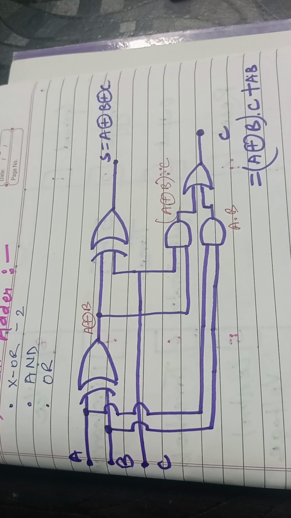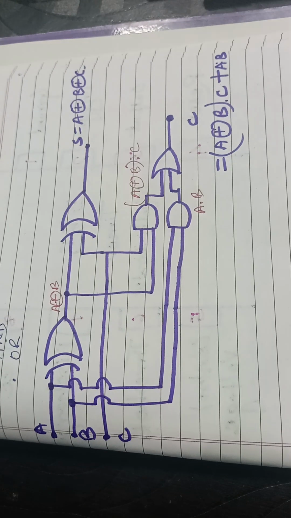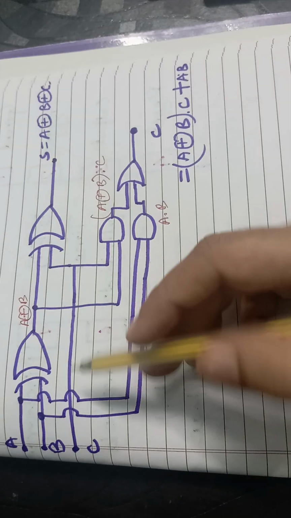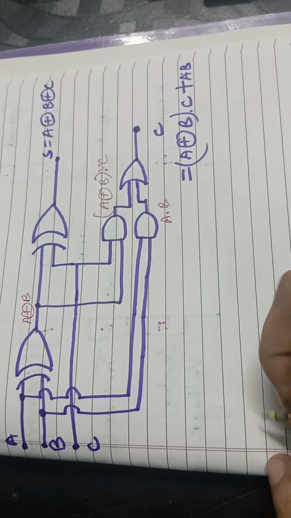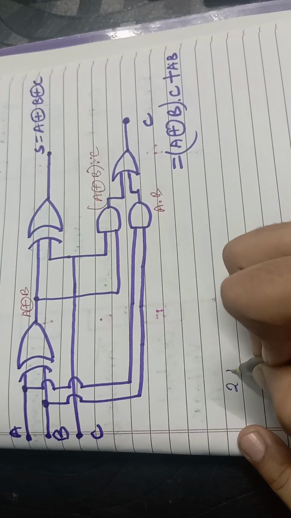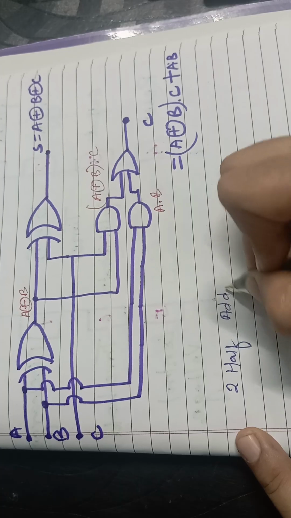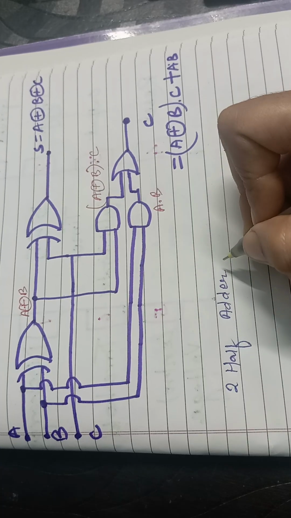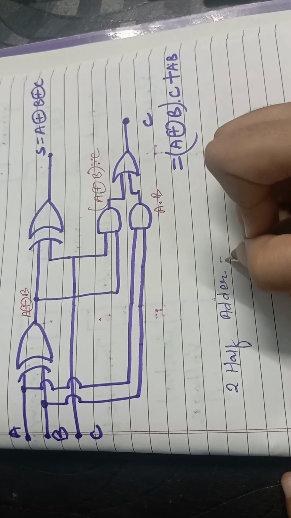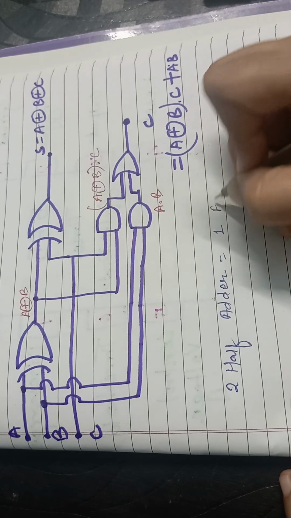So now how many universal gates, or how can we make a full adder? A full adder can be made if we use 2 half adders. 2 half adders make 1 full adder.